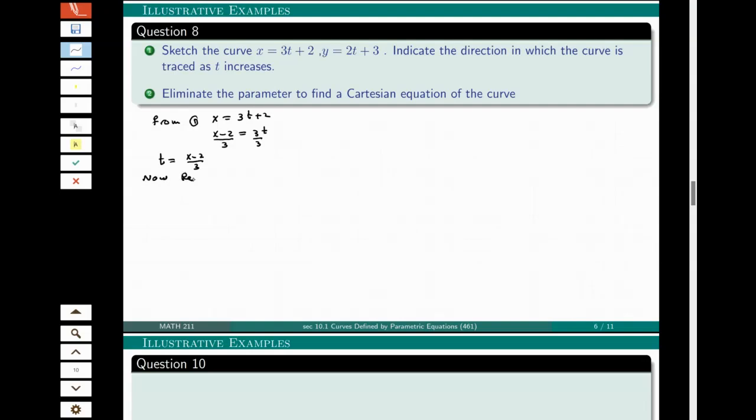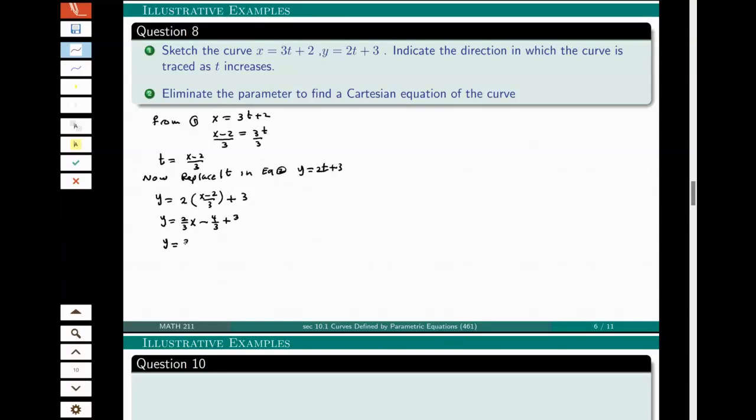Now replace it in equation 2, which is y equal to 2t plus 3. So y will equal 2 times t, which we replace by x minus 2 over 3, plus 3. So that will be y equal to 2/3 x minus 4 over 3 plus 3.